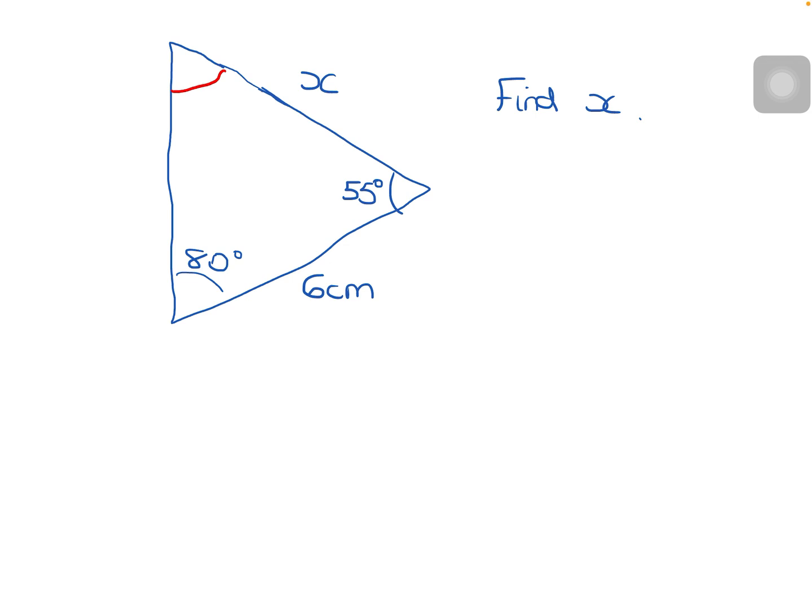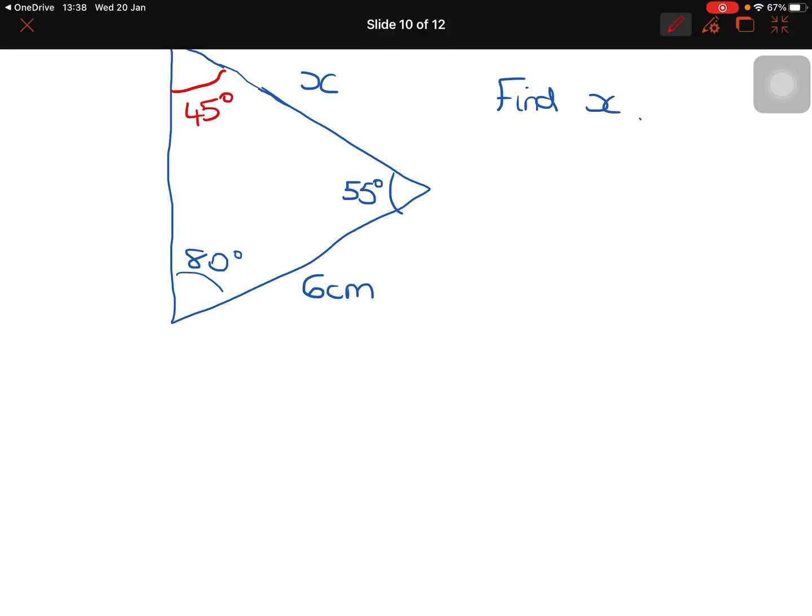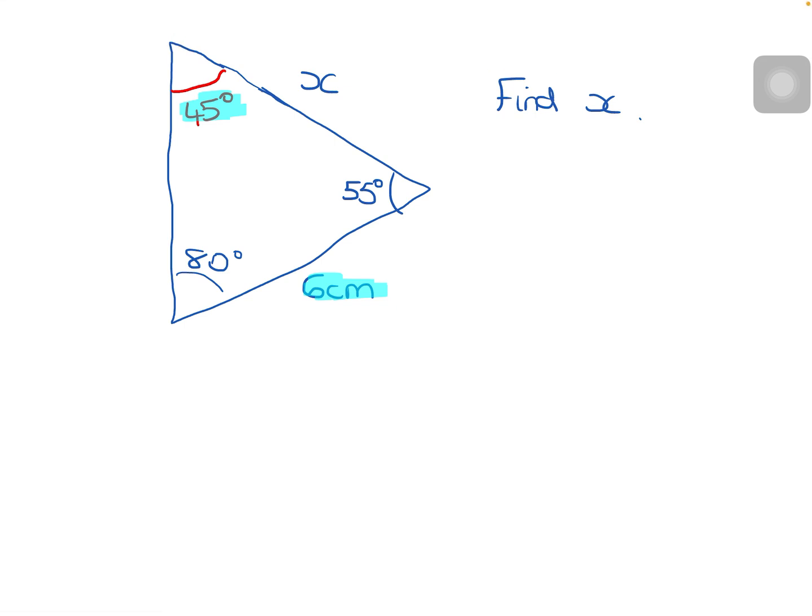So that must mean my missing angle should be 45 degrees. By working out that missing angle, I now have my matching pair. Therefore, I can now use the sine rule and I can use it accurately. So if you've got two angles in your triangle, you can always find that third angle and work with that and use that as part of your matching pair.